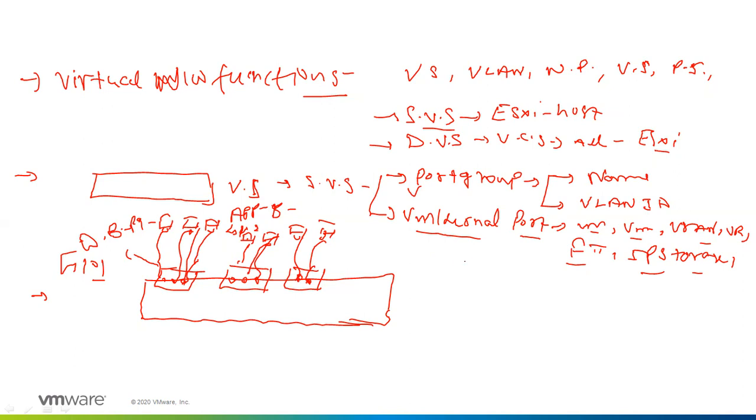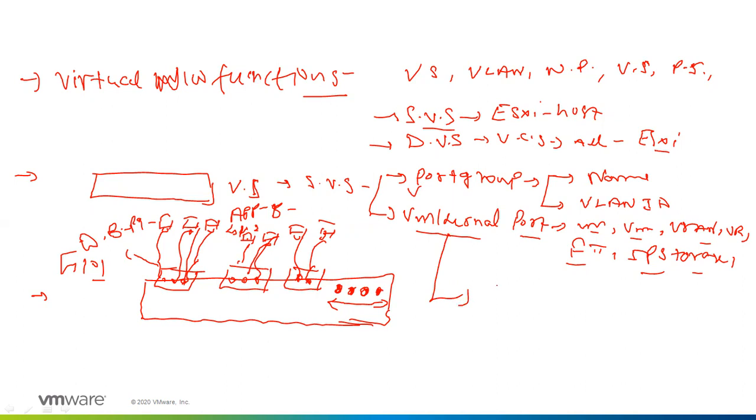And especially for VM kernel function, management is one of the primary VM kernel ports, then vMotion, and if we need another one like vSAN or something like that. All these ports are called VM kernel ports. These are primarily used for VM kernel purposes, hypervisor purposes.